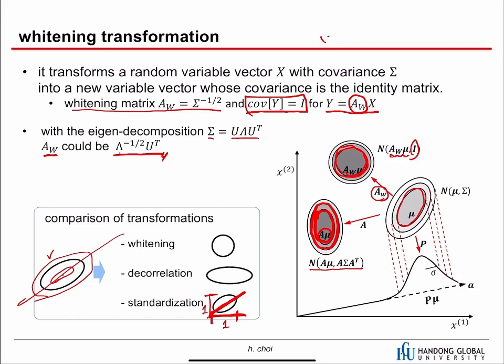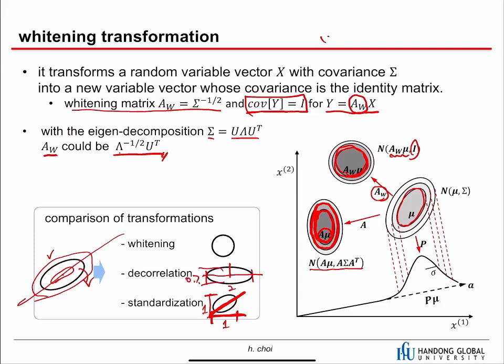And if we decorrelate this distribution, then we can rotate it in this way. So this one and this one are orthogonal and they are not correlated at all. But we didn't change the variance. This variance might be 2 and this variance might be 0.7 or something.